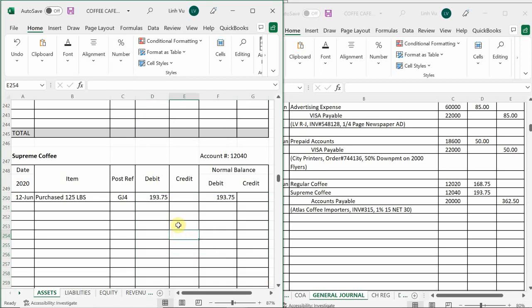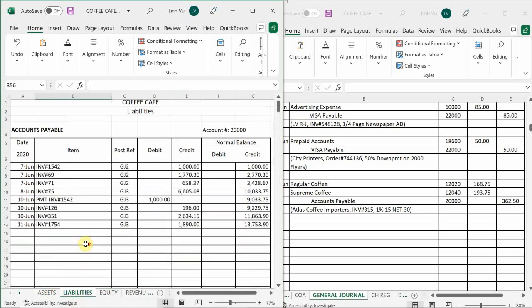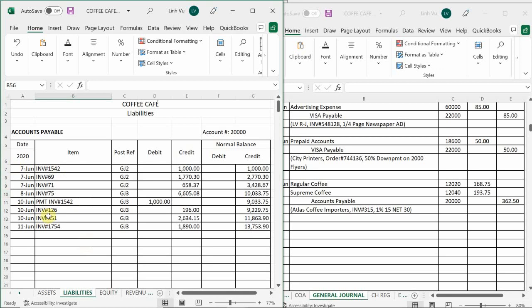Okay. And last but not least, I owe Atlas Coffee. So I use accounts payable because I owe them money now. Okay. I owe them for invoice number 315. General Journal page 4. And how much did I increase my liability by?